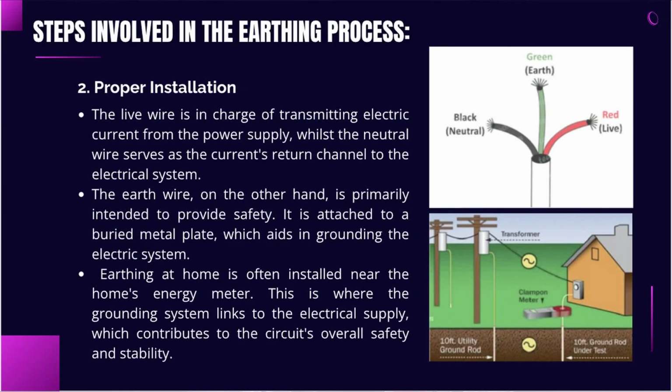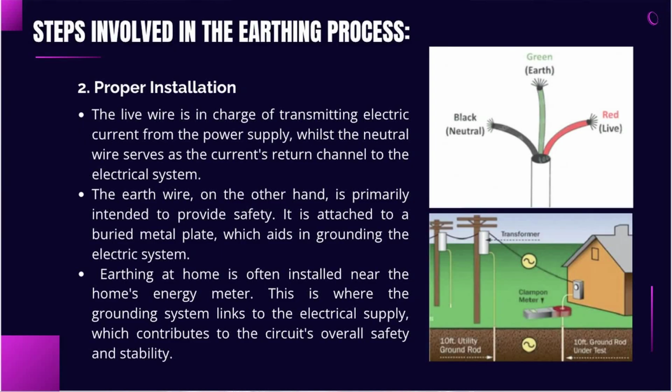The earth wire, on the other hand, is primarily intended to provide safety. It is attached to a buried metal plate which aids in grounding the electrical system. This connection allows excess electricity to dissipate to the ground, lowering the danger of electrical shocks and damage to devices in the event of a short circuit.